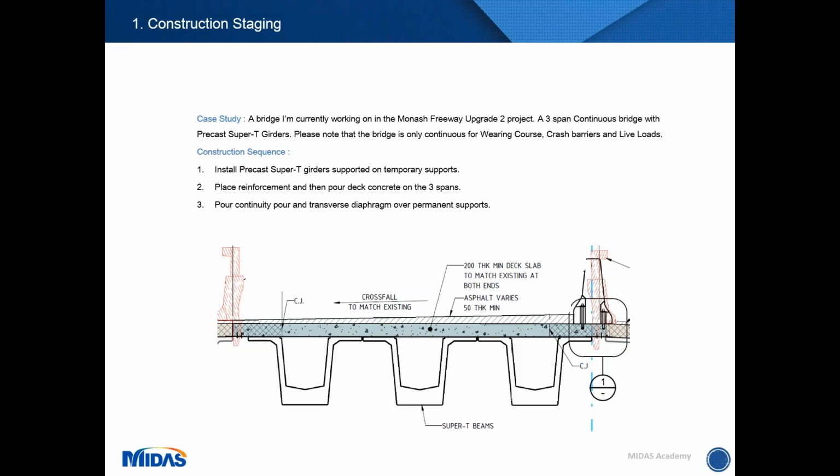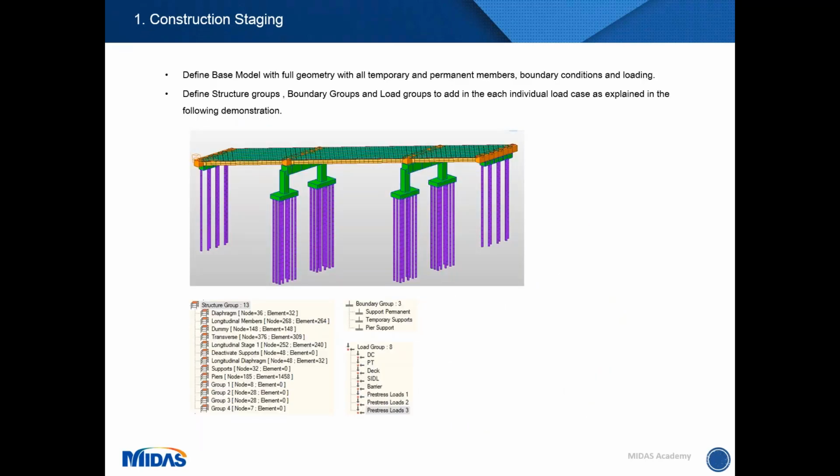So for simulating this in Space Gass, you need more than one model: one model where the boundary conditions are simply supported, and a different model where the girders are continuous for live loads. You also need to simulate the behavior of a plain girder and then convert it into a composite girder, where the section properties change and the stress analysis changes.